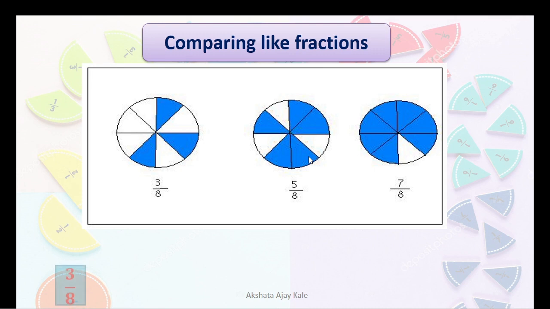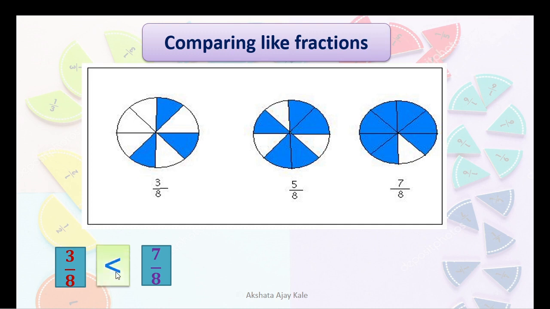Okay. See, this is 3 upon 8, means 3 parts are shaded among 8 parts. Now 7 upon 8, see this figure. 7 parts are colored out of 8 parts. Come on, tell me which is bigger, 7 upon 8 or 3 upon 8?